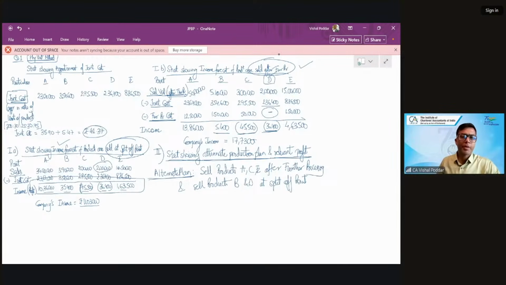This is our alternate plan. So what plan did I give? Sell these three products after doing further processing and sell these two products at split off point only. How did I get this?